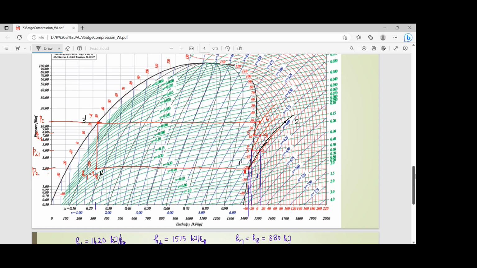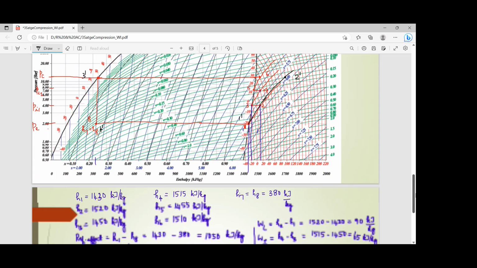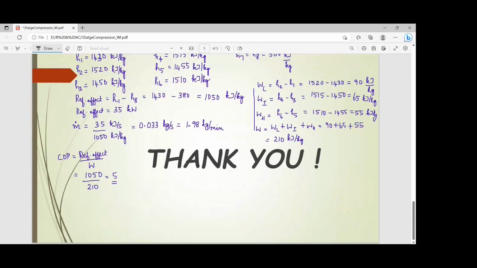So what happens here? Let me write it. For a simple vapor compression refrigeration system, let's note down the values. H1 dash doesn't change, so that is 1430 kilojoule per kilogram.